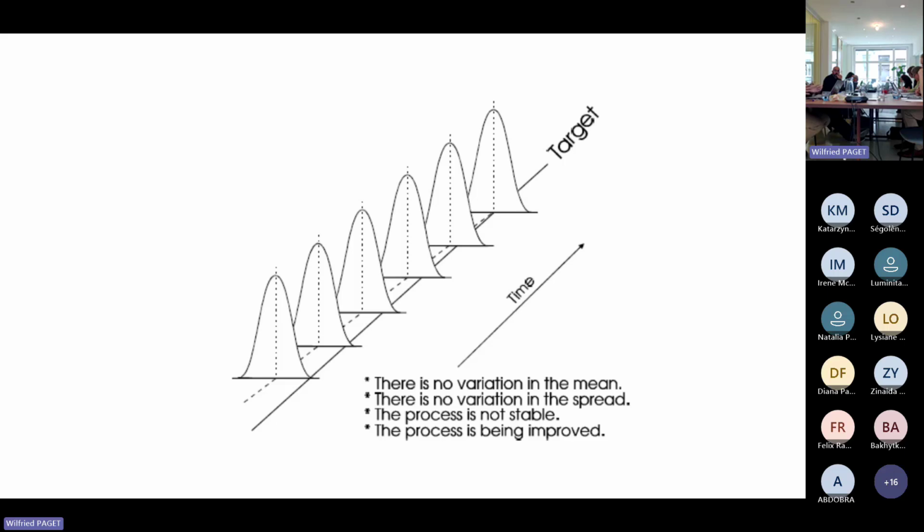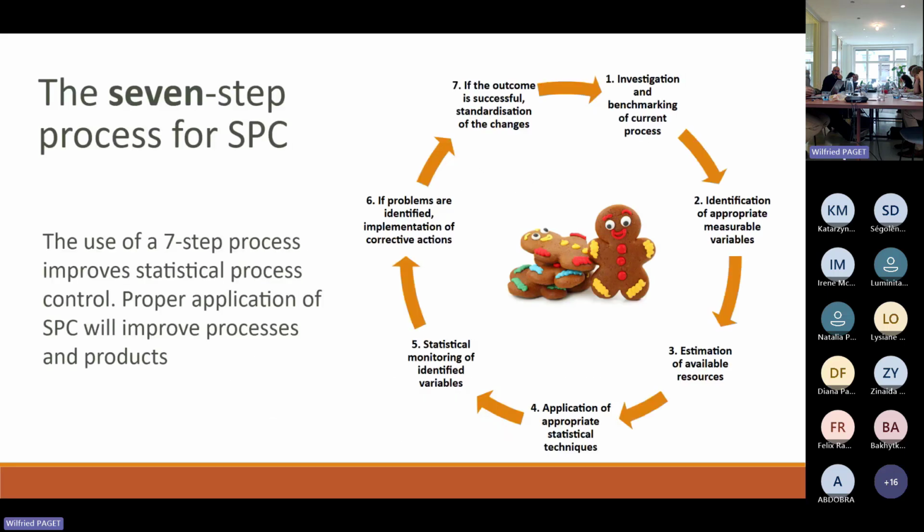There is a shift in the distribution along time. So you can look at this as a process being improved. Maybe we are starting our process, and during the first batches we are adapting the process, and after some time, getting to the target, and after that, we can check the process and the quality of the process.